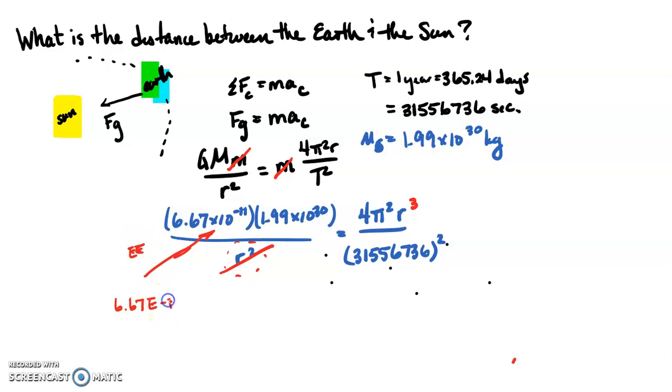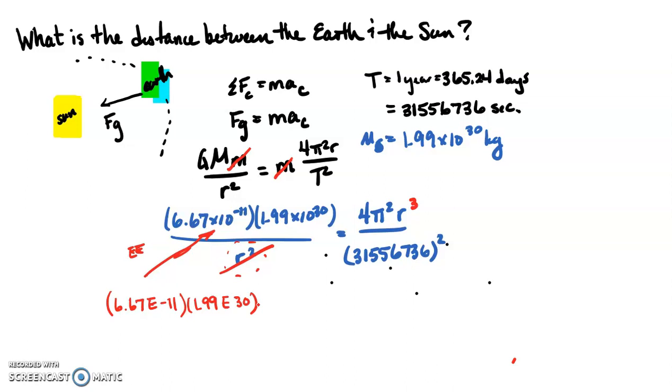It's always been something that irks me. And for the Sun, it would look like 1.99E30. Whenever you see that E on your calculator, it means times 10. I like using it because it treats it as an entire thing. If you want to use the times 10 option, you can. Just make sure you're using parentheses heavily.